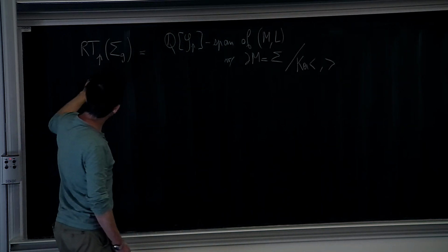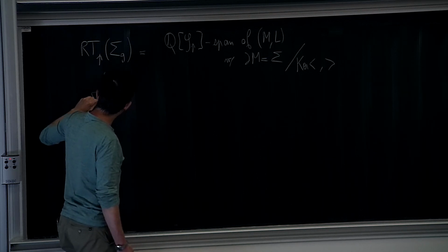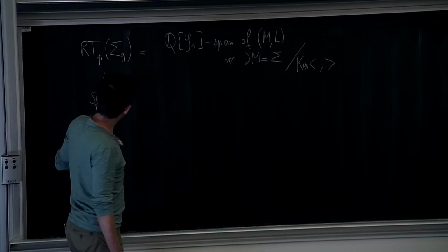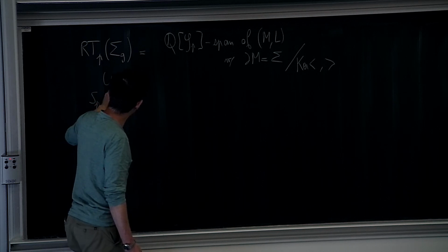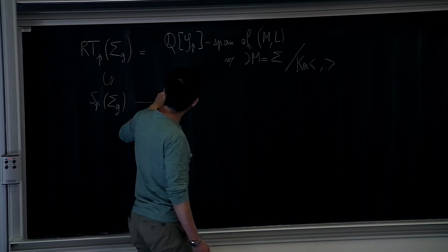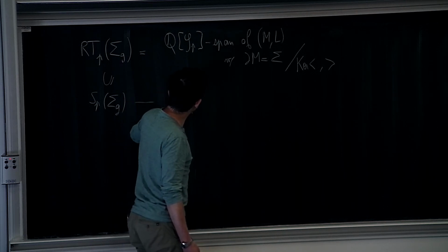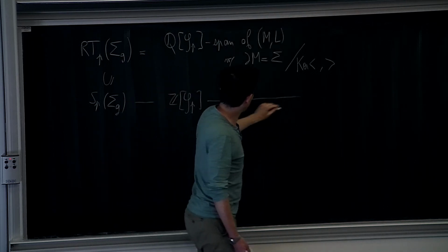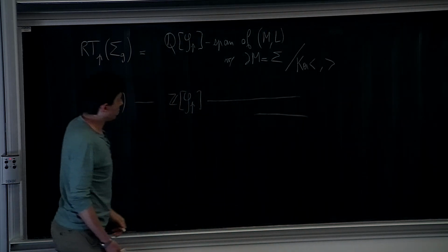And so here there'll be a Z[zeta_p] module, which I will call S_p of sigma, which is the same thing here, but instead of taking the Q[zeta_p] span, I take the Z[zeta_p] span.